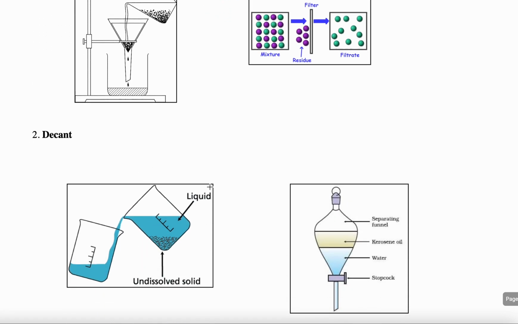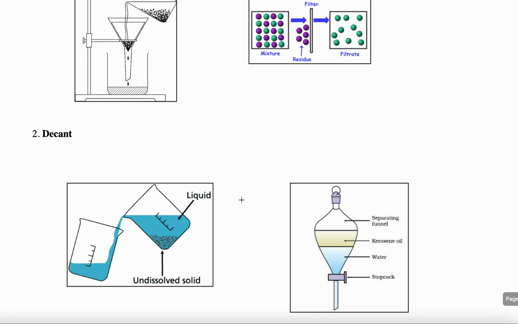Another technique that is used is a fancy word called decant or decanting. And decanting means to simply pour off the top layer. So what tends to happen here, a difference in the properties, is number one, solubility.